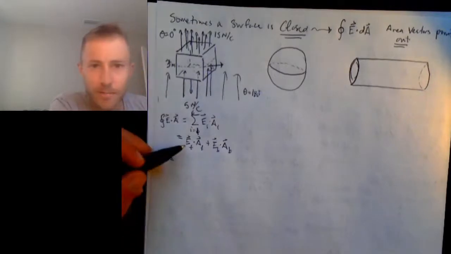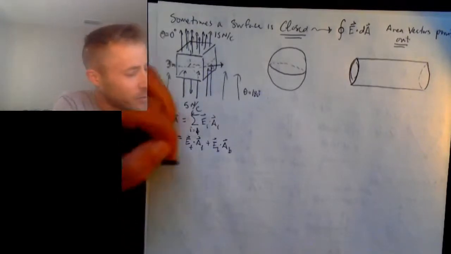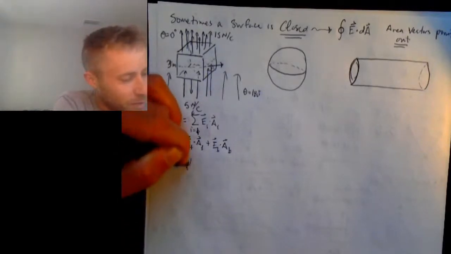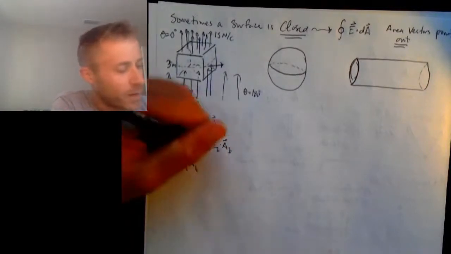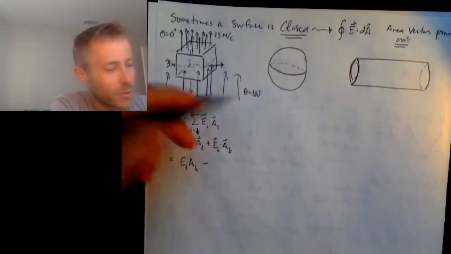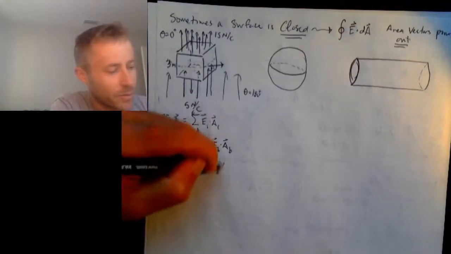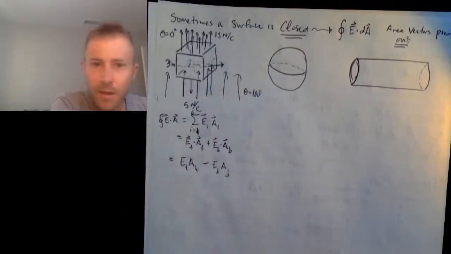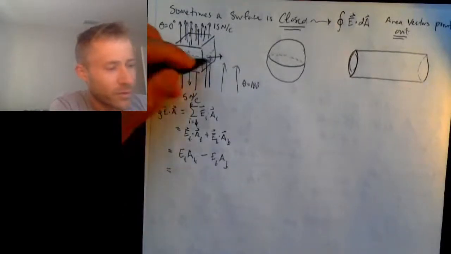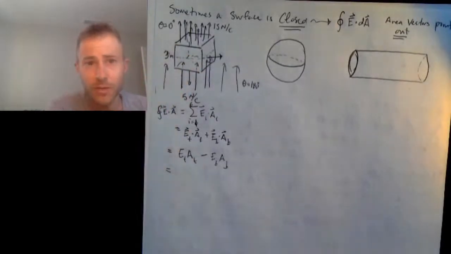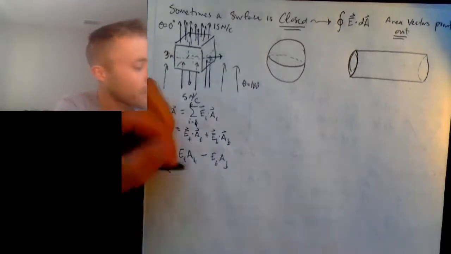So what we get is, for the top, it's just E top times A top. Remember, these are magnitudes. But for the bottom, you have that minus sign because of the 180 degrees, E bottom times area bottom. Both of these areas are the same because it's a cube, and every face of a cube has the same area.